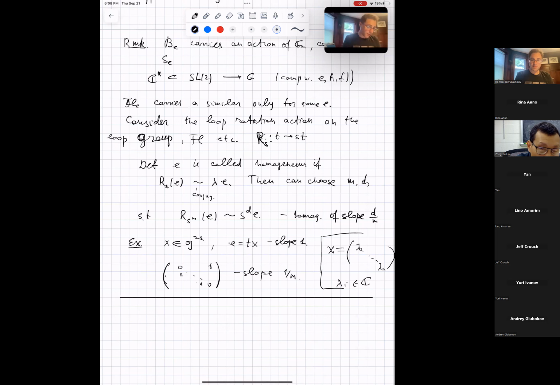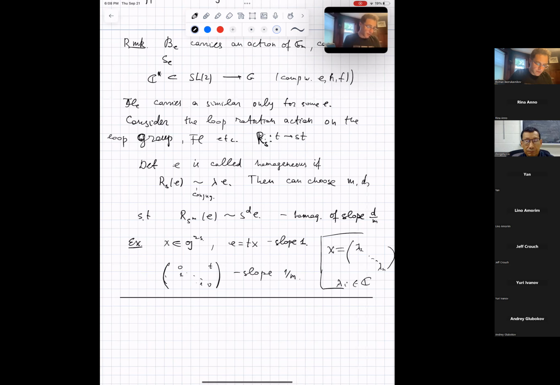Then without further ado, I can just say the main theorem, the main construction. It's an algebraic symplectic variety.